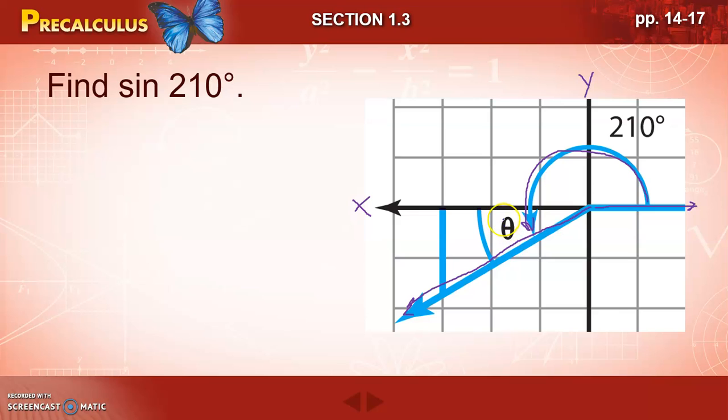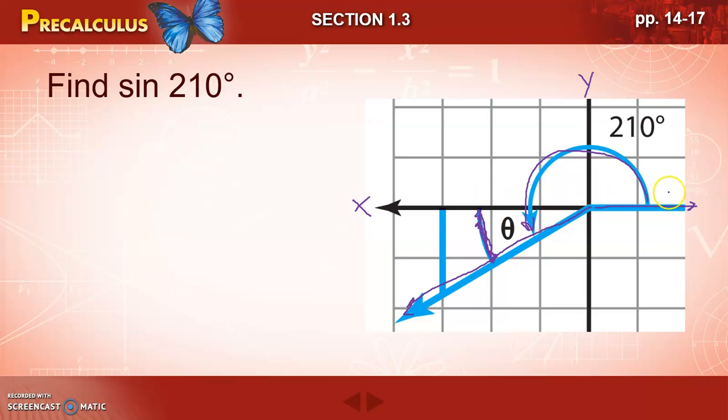Now, according to our definition, that reference angle is the angle formed by the terminal ray of the given angle and the x-axis. So this right here, the angle between the terminal ray and our x-axis, let me scribble it nice and dark so you can see it there. This is our reference angle.